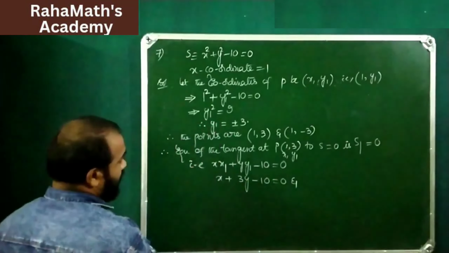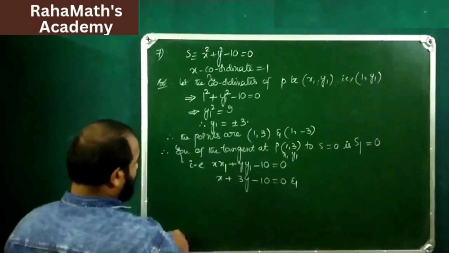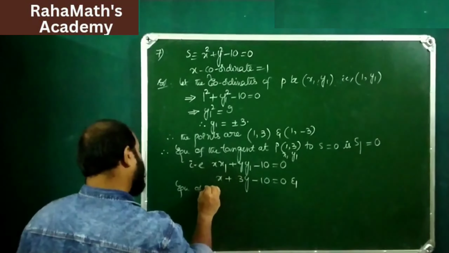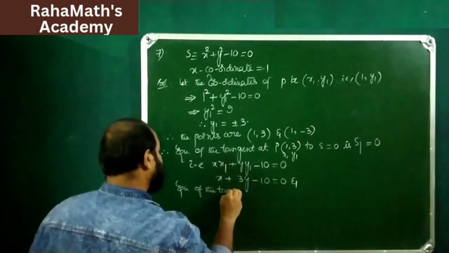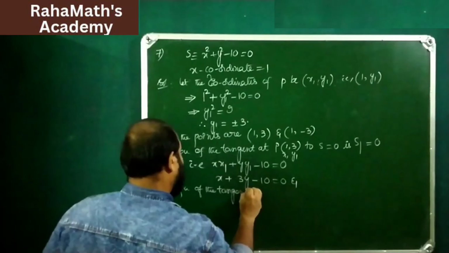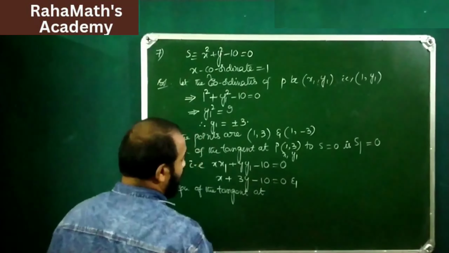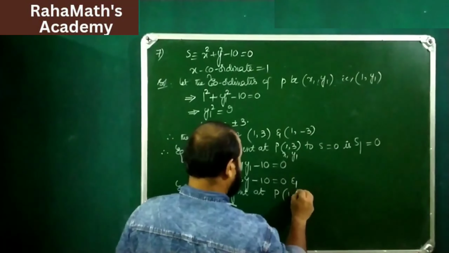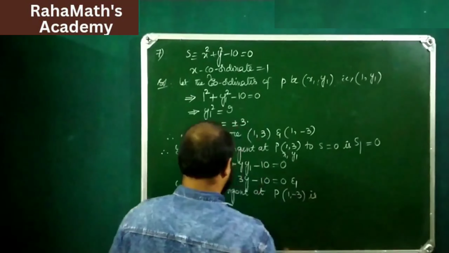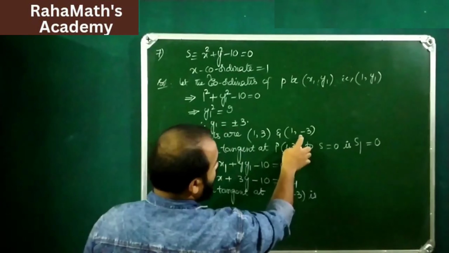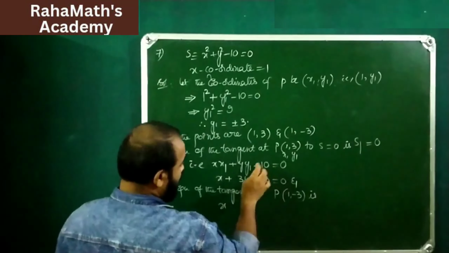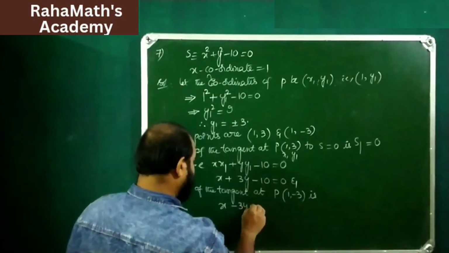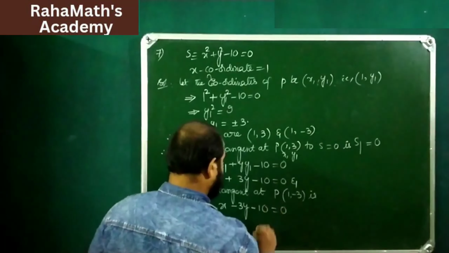And the equation of the tangent at P (1, minus 3) is x into 1, x plus y into minus 3, minus 3y minus 10 equals 0.